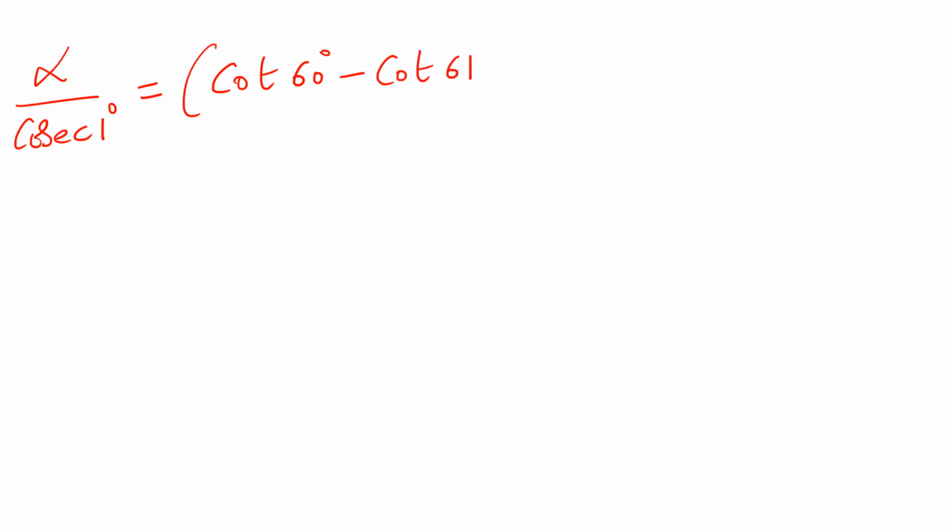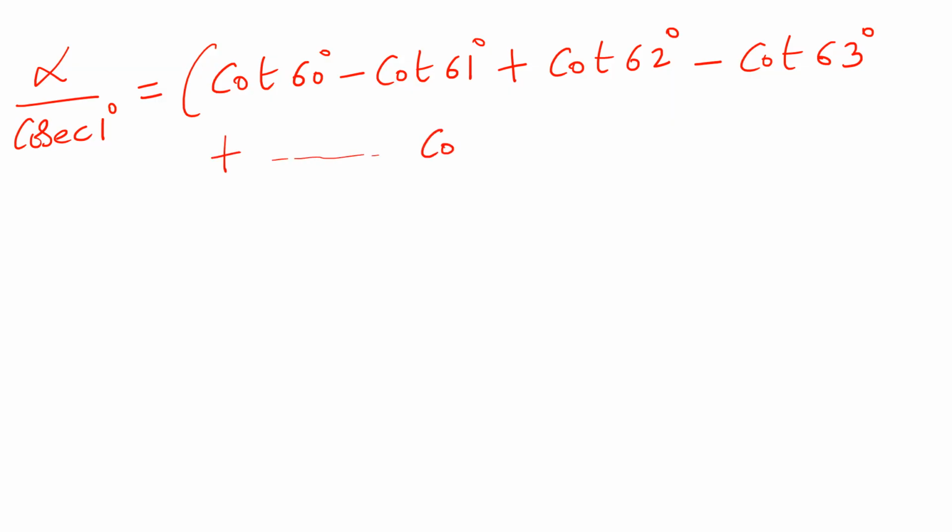Now students, alpha upon cosecant 1 degree becomes equal to, now in the first group, we have cot 60 degree minus cot 61 degree plus cot 62 degree minus cot 63 degree plus and so on till minus cot 89 degree plus cot 90 degree.